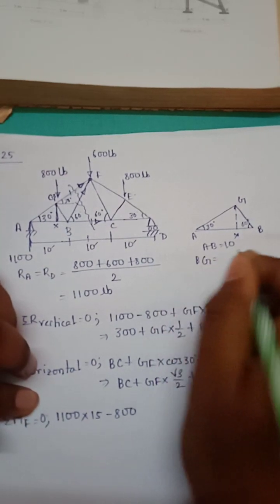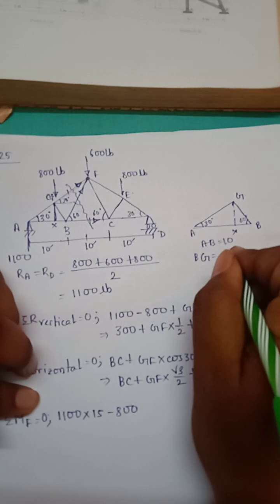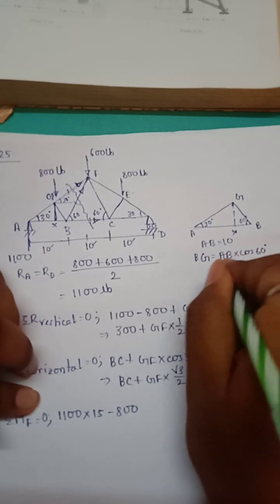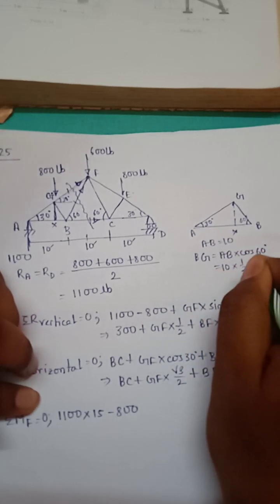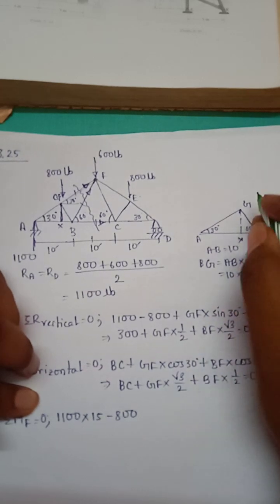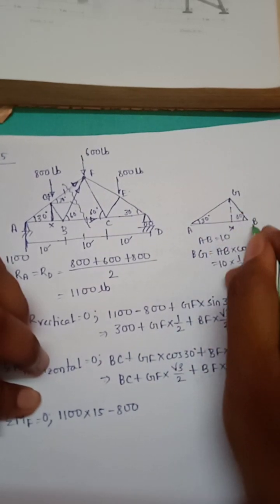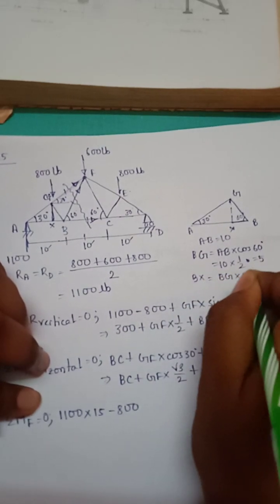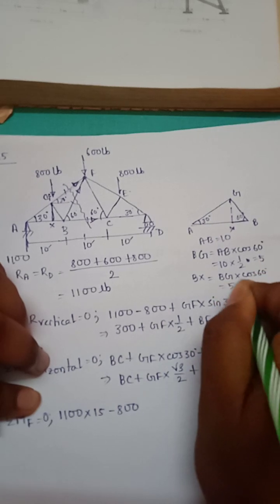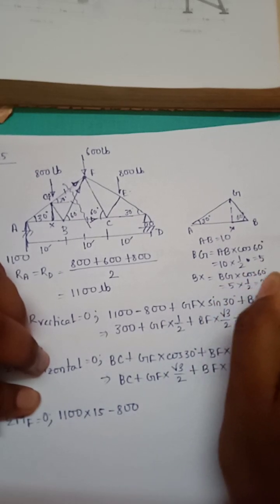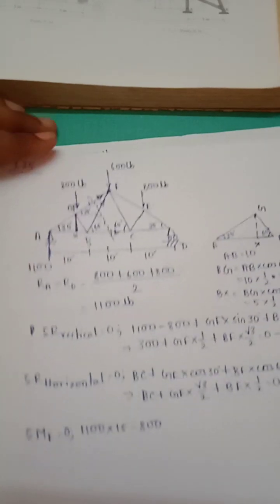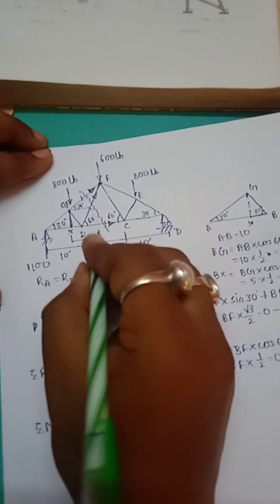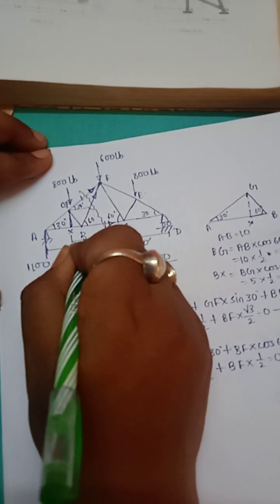BG equal to AB into cos 60, 10 into half is equal to 5. Again BX is equal to BG into cos 60 is equal to 5 into half is equal to 2.5. So BX is 2.5.